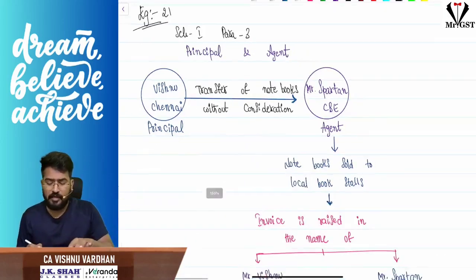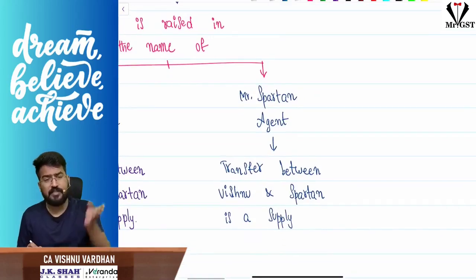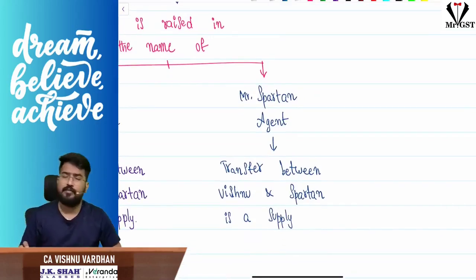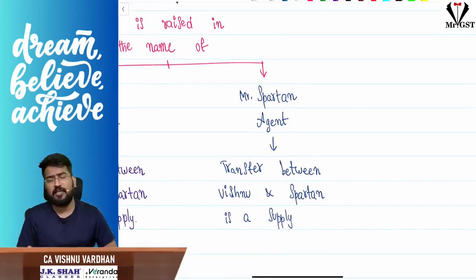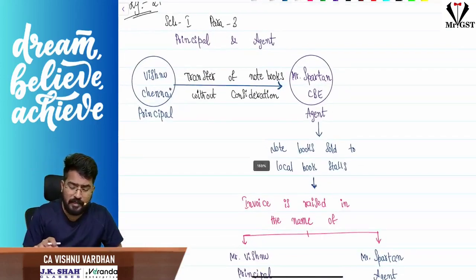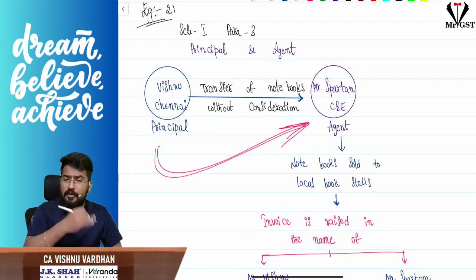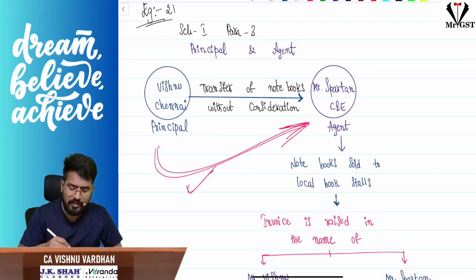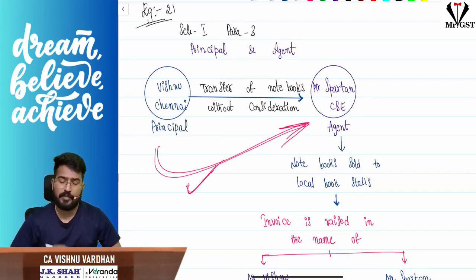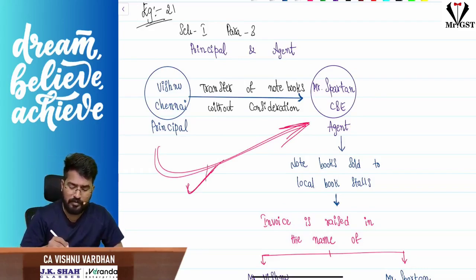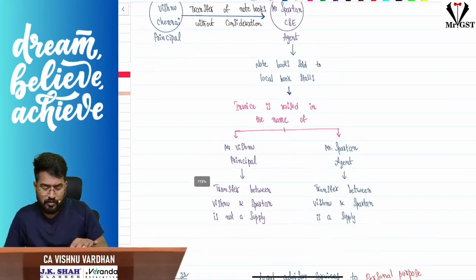But sir, if the agent alone raises the invoice to the local bookstall owners, that is, Spartan raising the invoice in his own name, then this movement of goods from principal to agent will be treated as supply. That is the concept. So that is all about that.